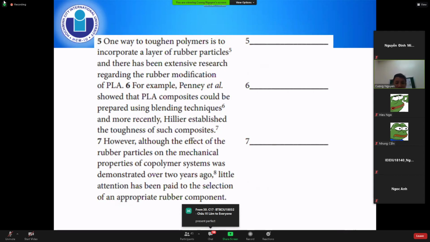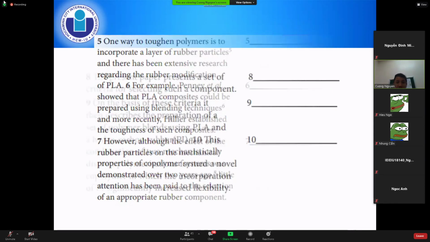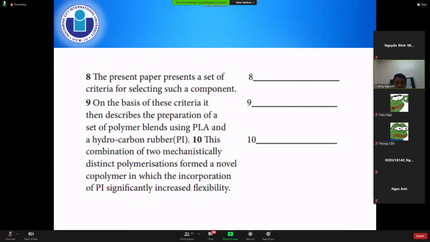Number 6, simple past. Number 7, present perfect. Number 8, simple present. Number 9, simple present. And number 10, simple past. Okay. So why simple present, simple past, present perfect?